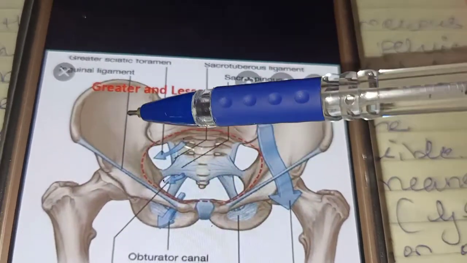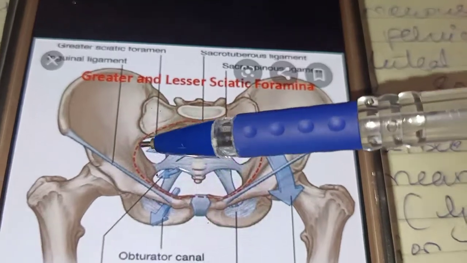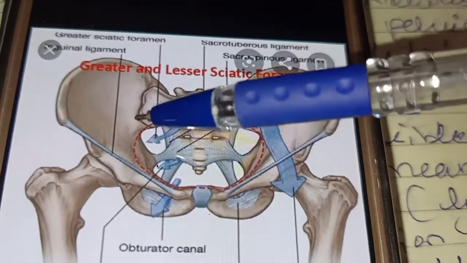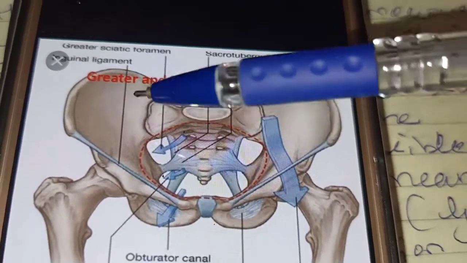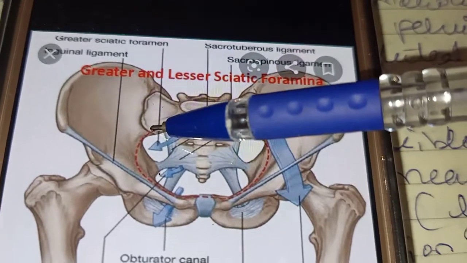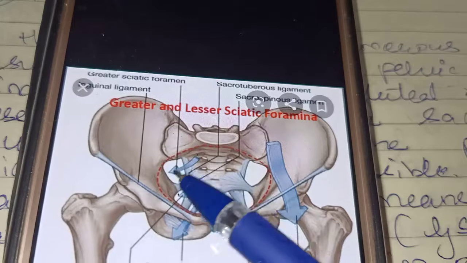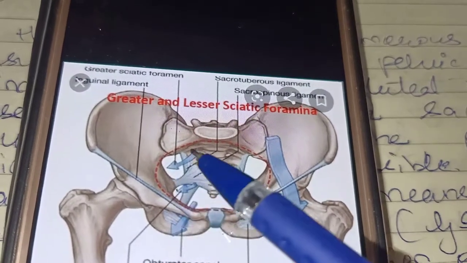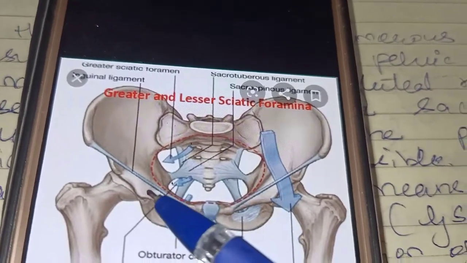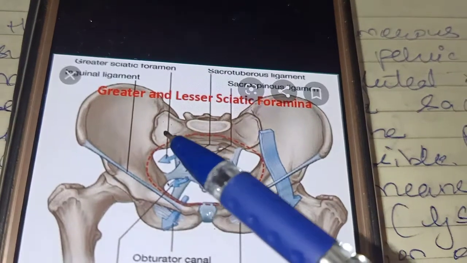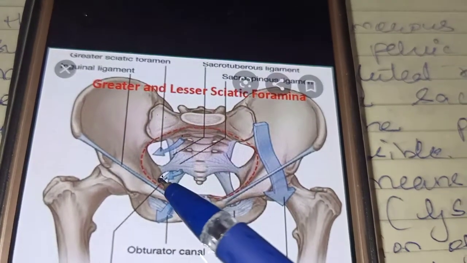You know, the gluteal region is in the back area. So they turn around and go into the back, either above the piriformis or below the piriformis. Here is the piriformis muscle, which I have shown many times in my previous videos.